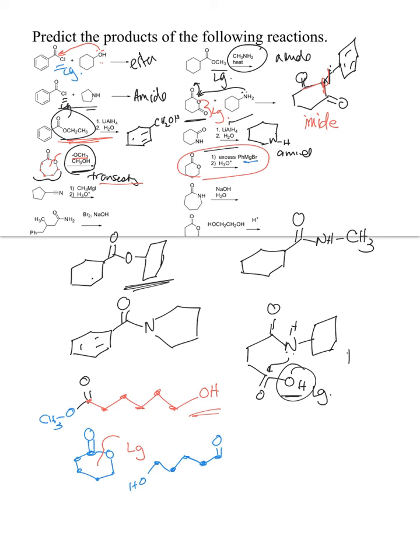And then this phenyl magnesium bromide is going to come in here. And then that's a ketone now, because remember, with Grignards, you're going to get 2 additions to make a tertiary alcohol.